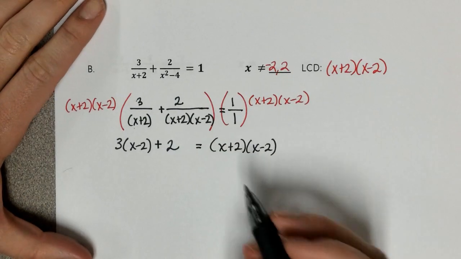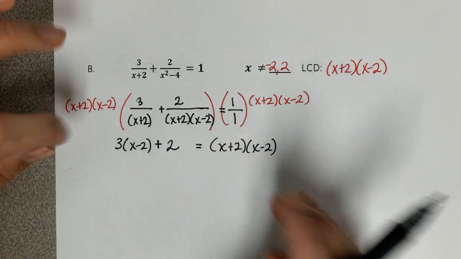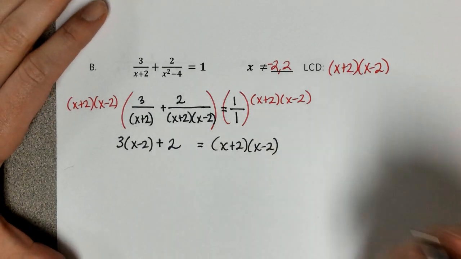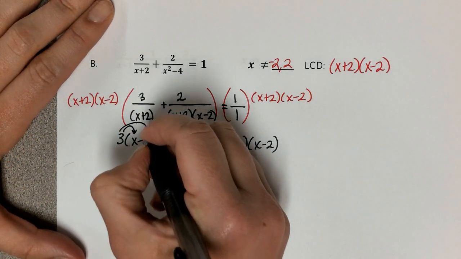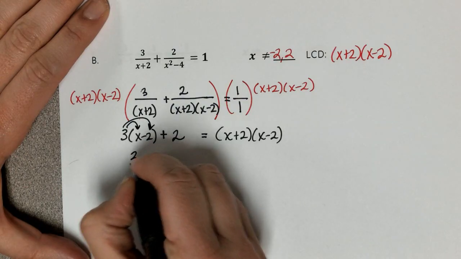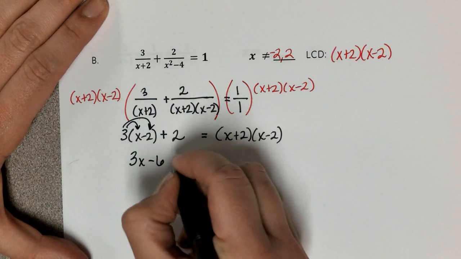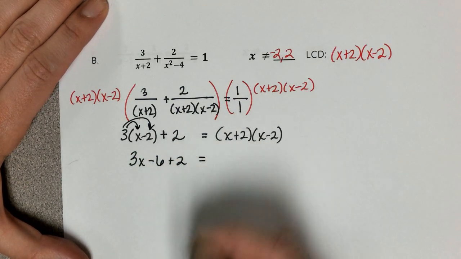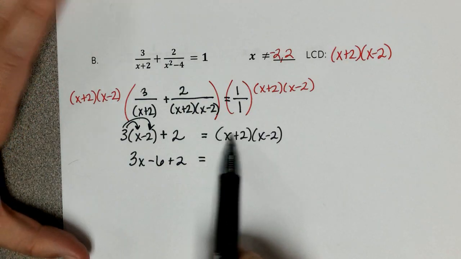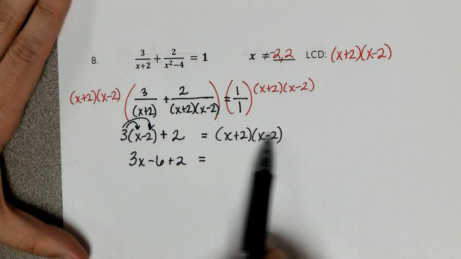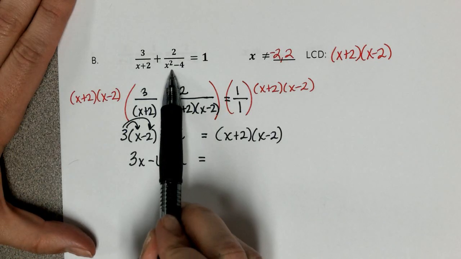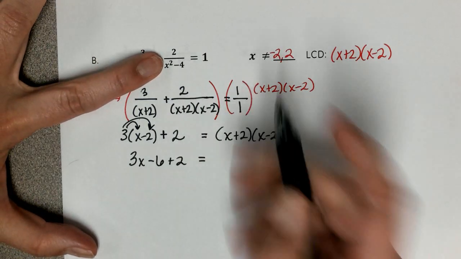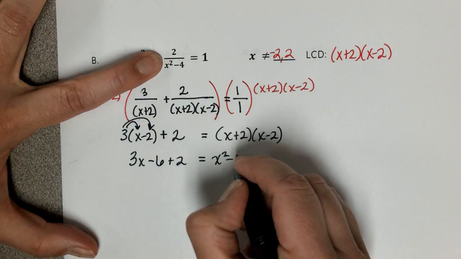So we're going to have to multiply out both sides to see what we have for like terms to combine. So multiply the 3. So we get 3x minus 6 plus 2 equals. And we are going to have to multiply that back up, but we know that it's factors of x squared minus 4, so we know that's just x squared minus 4.